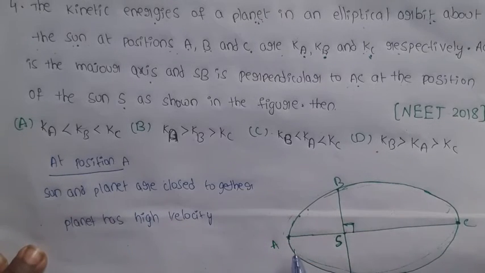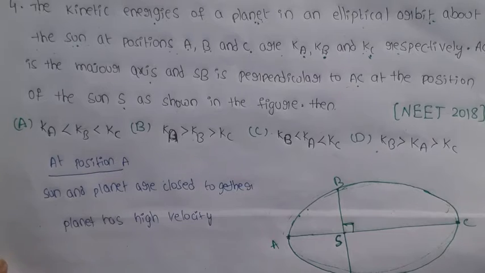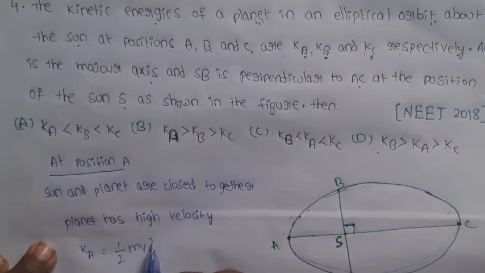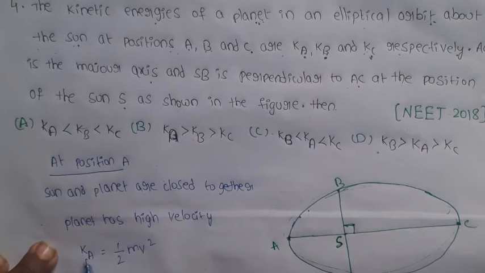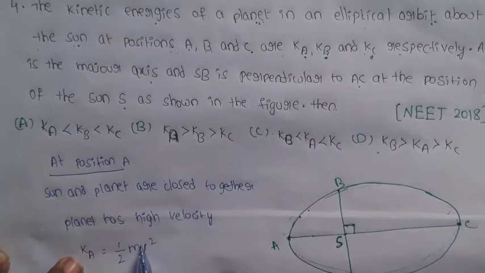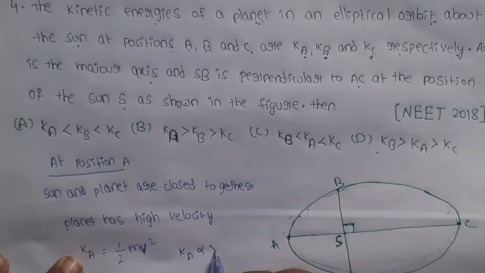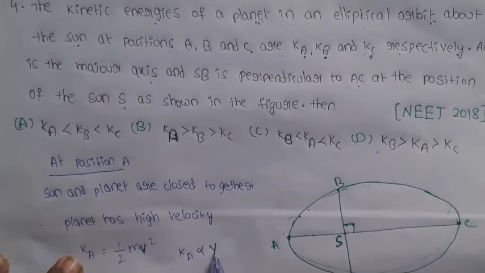What about the kinetic energy Ka? The formula is half m v square. At point A the velocity of the planet increases, so the kinetic energy also increases. Ka is directly proportional to v square.